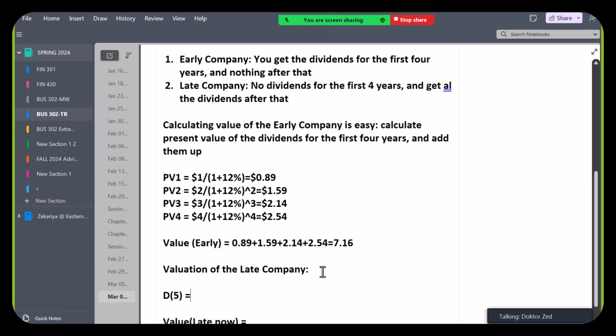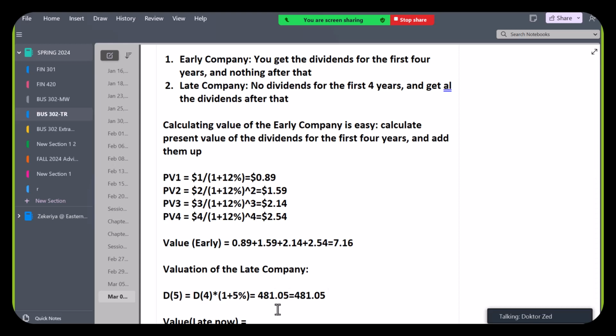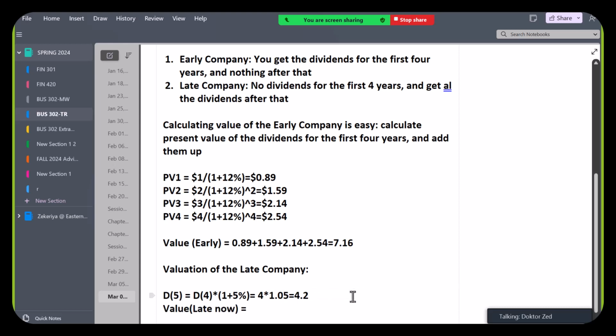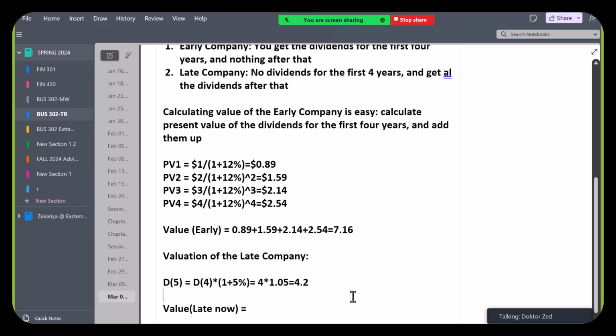Dividend 5 is going to be dividend 4 times 1 plus 5%, which is $4 times 1.05. So in year 5, we expect a dividend of 4.2, and thereafter it's going to keep growing at 5%.